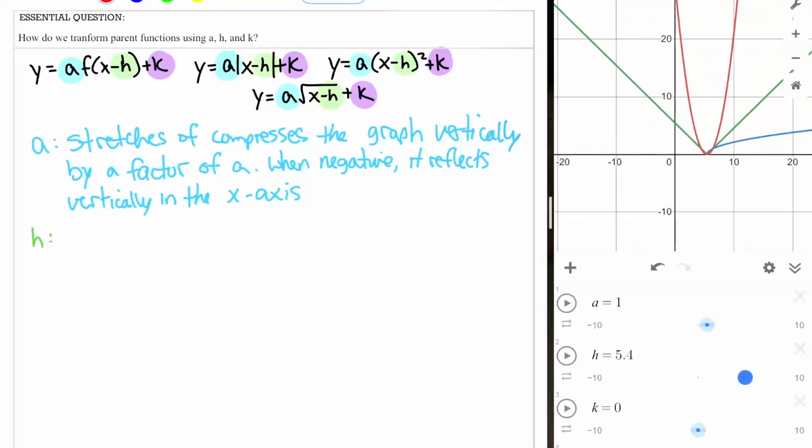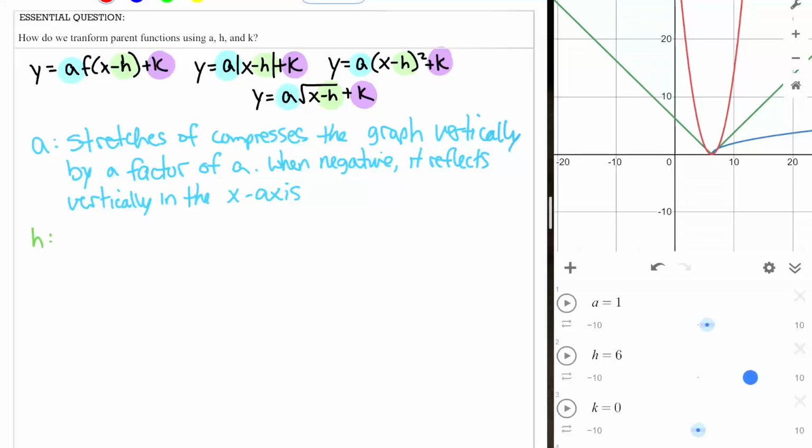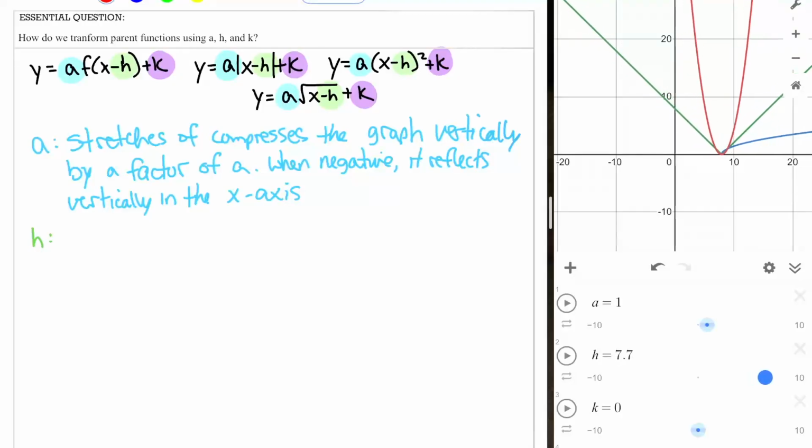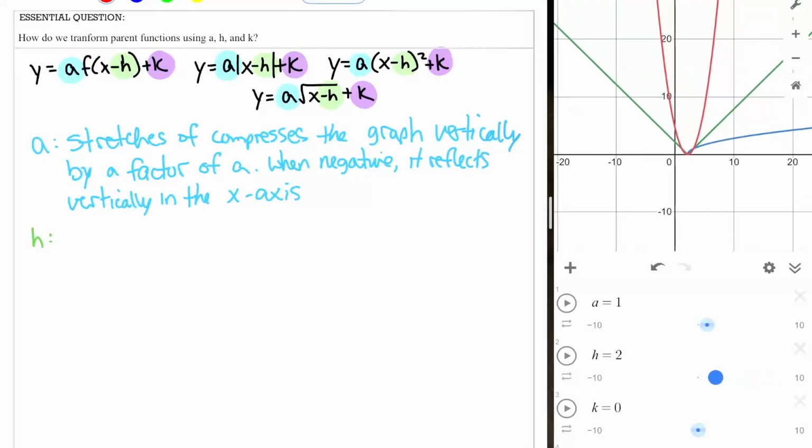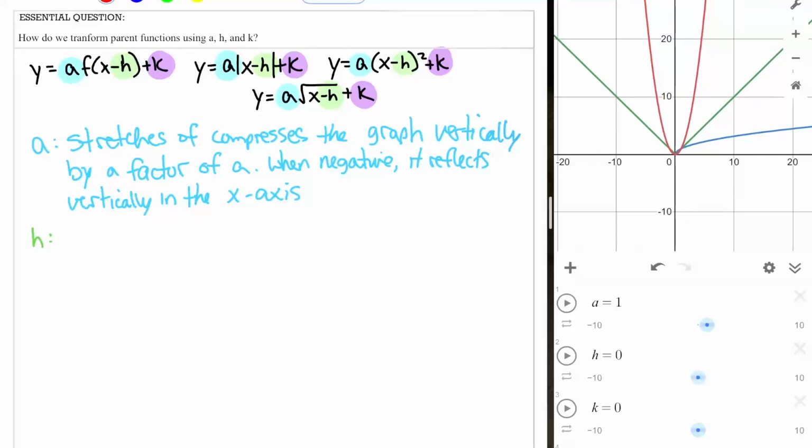Over here, when we add a positive h value, it's shifting everything to the right. In the equation, that would look like x minus 3, or the absolute value of x minus 3, or the square root of x minus 3. So a positive h value creates a negative inside the parentheses, which shifts the graph to the right.